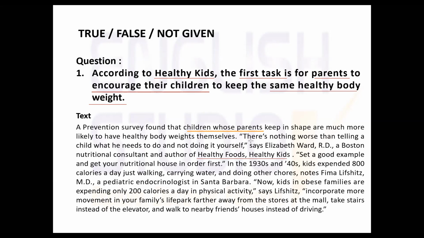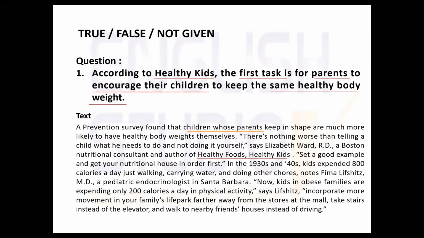No. There is nothing worse than telling a child what he needs to do and not doing it yourself, says Elizabeth Ward, a Boston nutritional consultant, from Healthy Kids. So we can interpret that Healthy Kids, through Elizabeth Ward, says that nothing is worse than telling a child what he needs to do and not doing it yourself. Is it the same, or does this statement contradict the question statement?